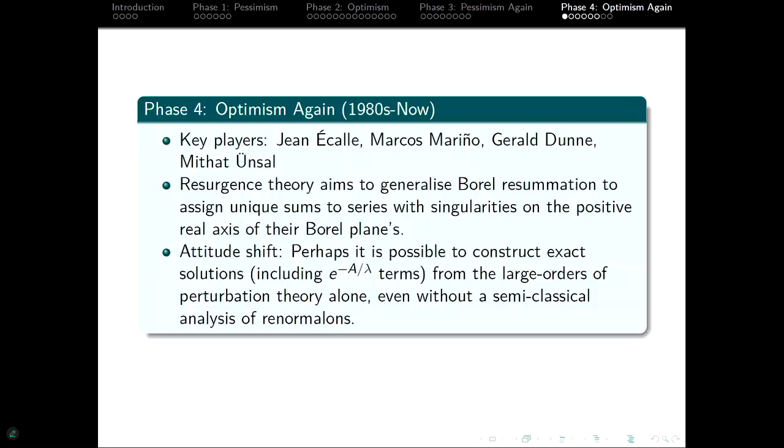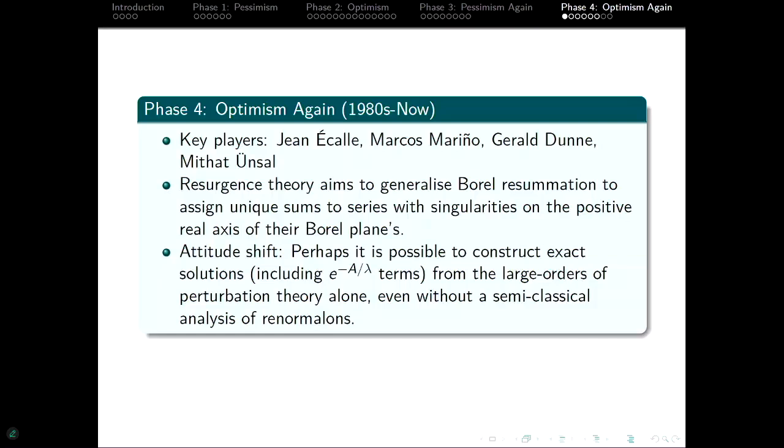I wanted to briefly talk about the more wild ideas that have come out of mathematical physics approaches under the title of resurgence theory. As I said, this was originally motivated by more pure mathematics, an attempt to generalize the Borel resummation approach and describe the situations in which we can assign a unique sum to series which have singularities on the positive real axis of their Borel planes.